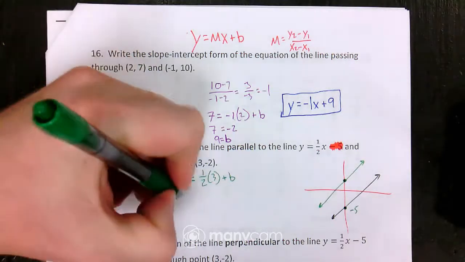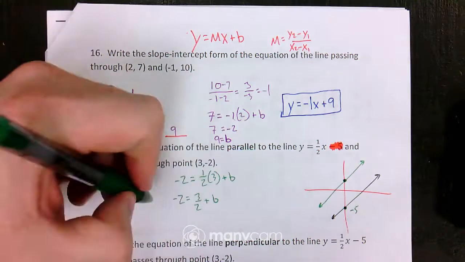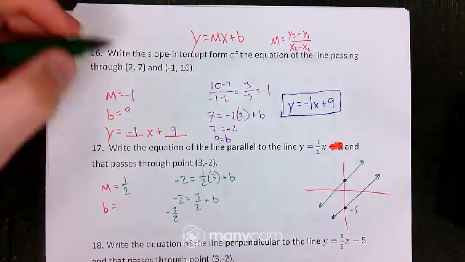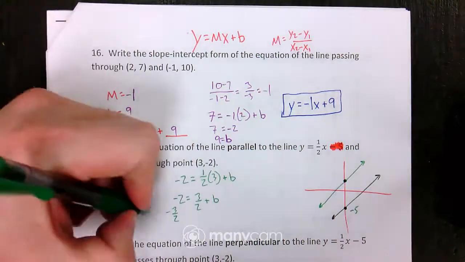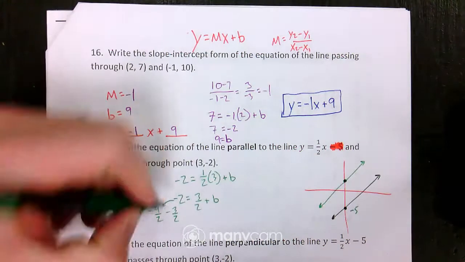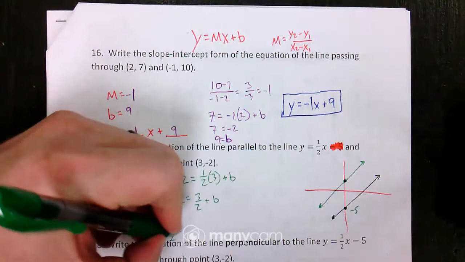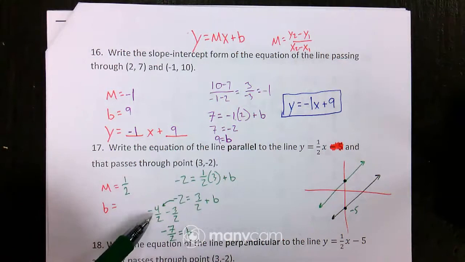Solve it out. That gives me negative 2 equals 3/2. If I subtract that from both sides, you have to get a common denominator, which makes it 4/2. So negative 4/2 minus 3/2 gives me negative 7/2 equals b. Again, if this confused you, I'm just subtracting a fraction, so you've got to get a common denominator.